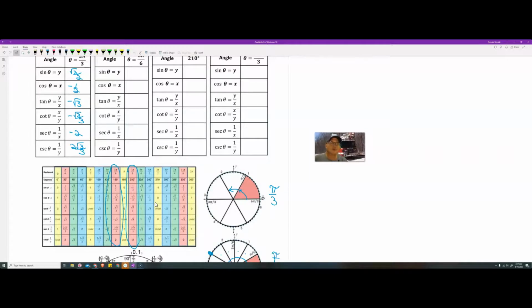Okay, so 5 pi over 6, and 7 pi over 6, which is 210.